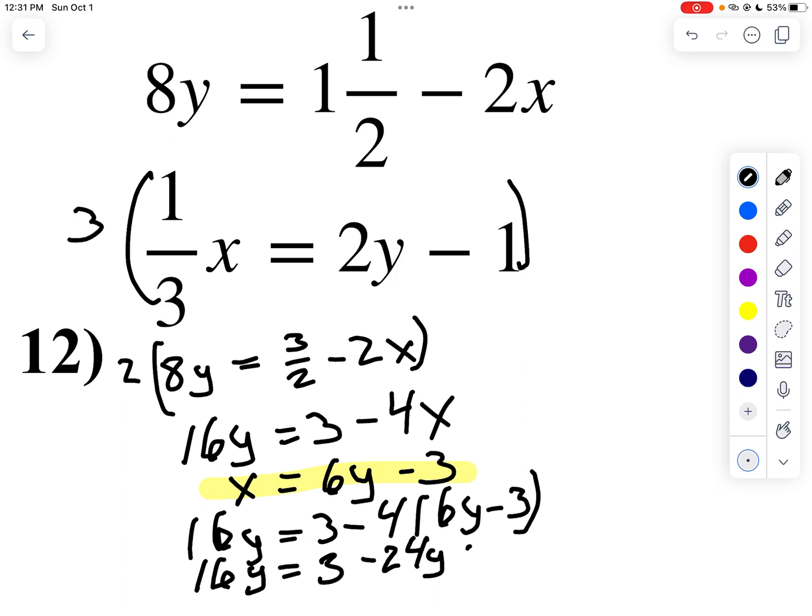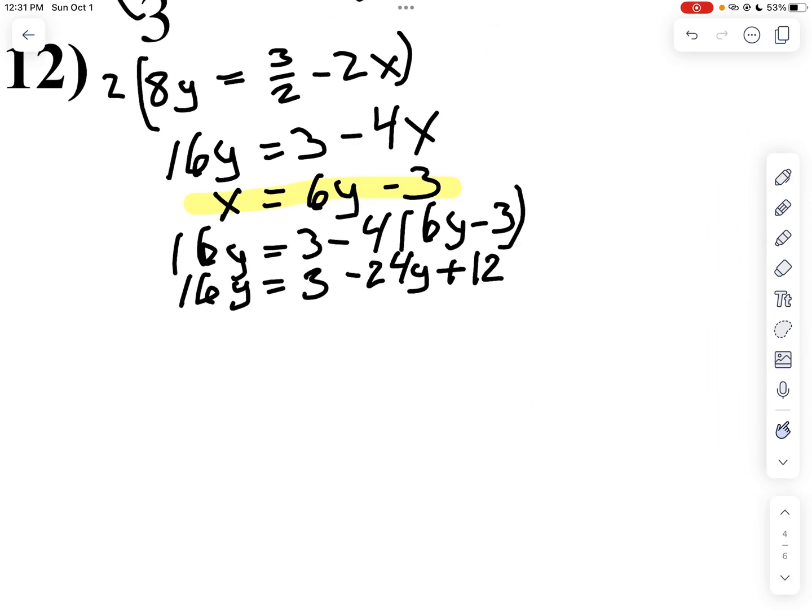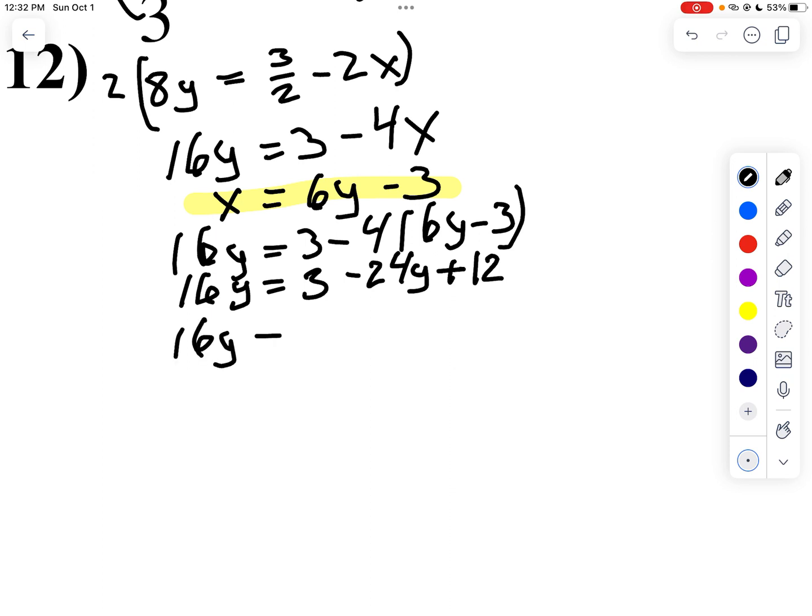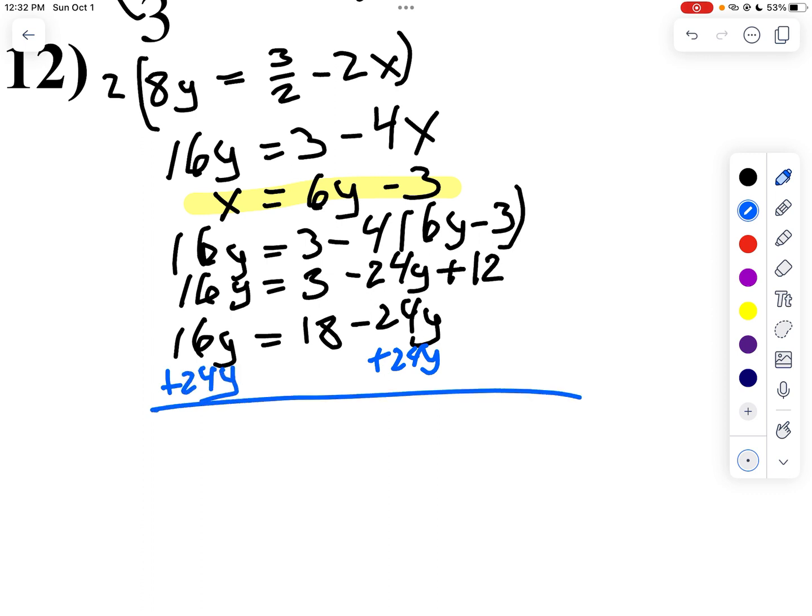Negative times the negative is a positive 12. Simplify the right side there, and we get 16y equals 18 minus 24y. Let's get all the y's on the same side, so we'll add 24y to both sides, and we get 40y equals 18. Divide by 40.